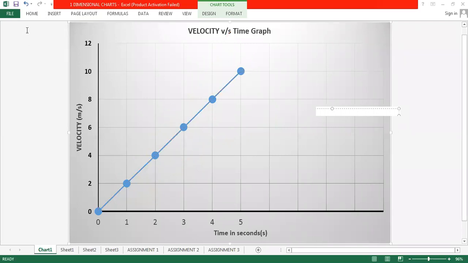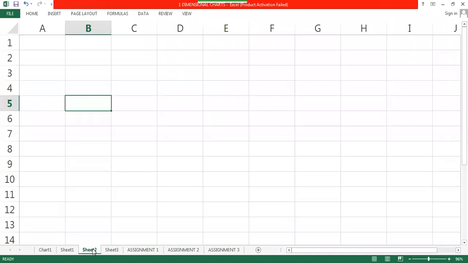Chalo, now let's start with the next case. Case 3. Write down. Case 3.